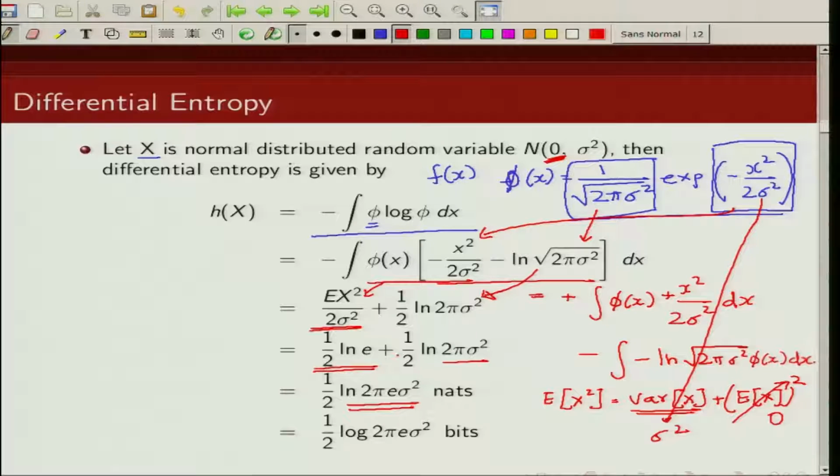Now note, we were talking about natural log, so this is in nats. If we take log to the base 2, then the units will be bits. So the differential entropy of a zero mean Gaussian random variable with variance sigma square is given by this expression, half of log of 2 pi e sigma square.